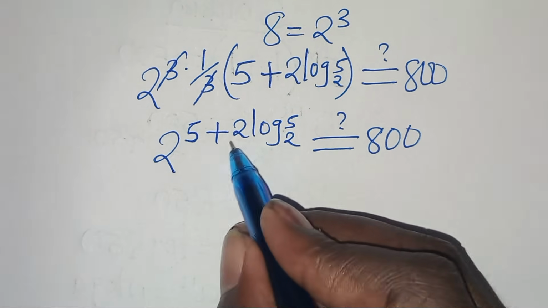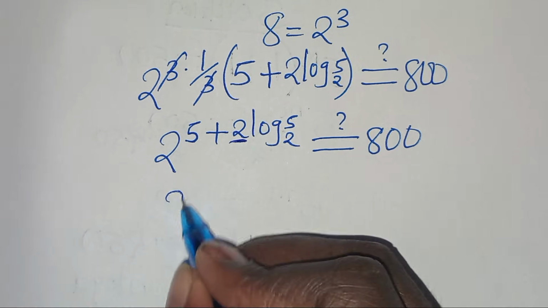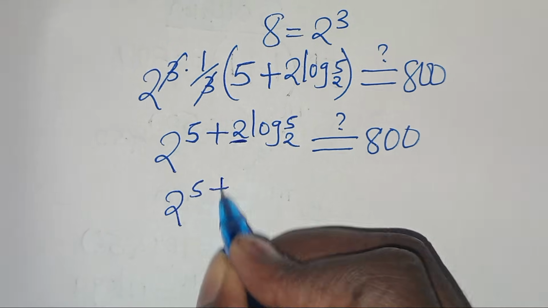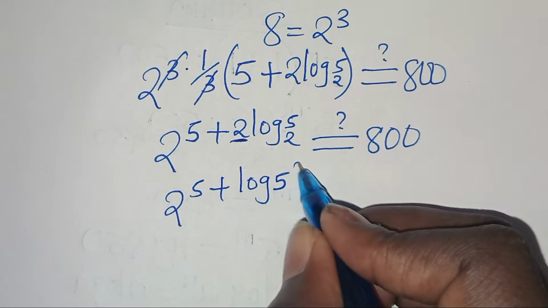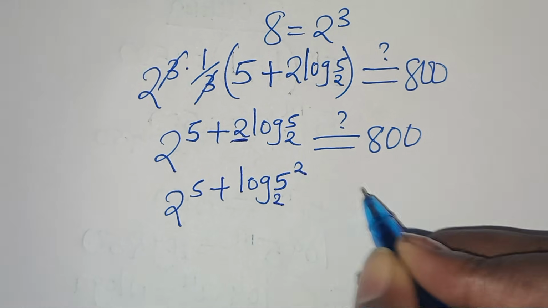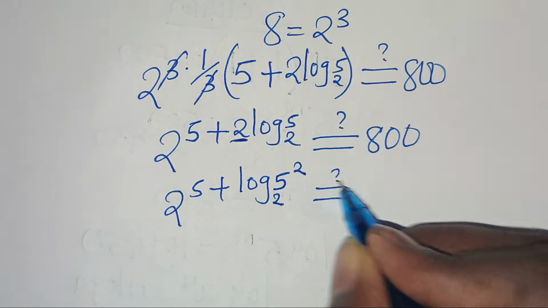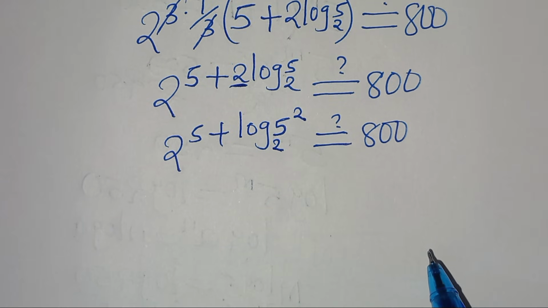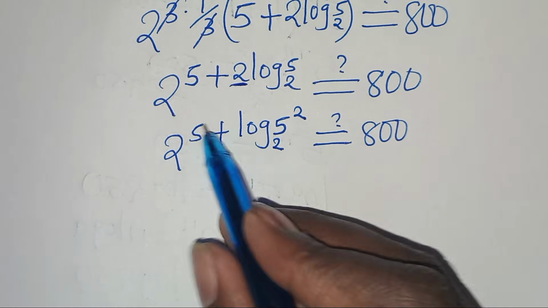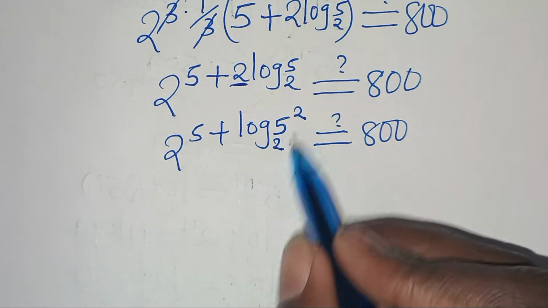Since 2 is a power here, we can express this as 2 to the power of 5 plus log 5 squared to base 2, which is supposed to give us 800.